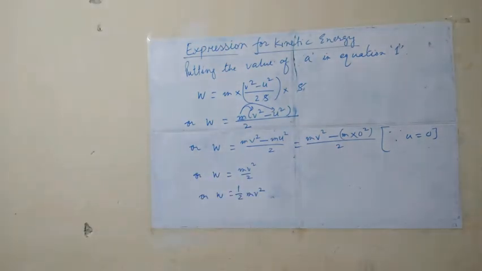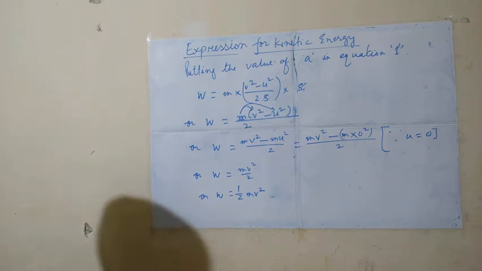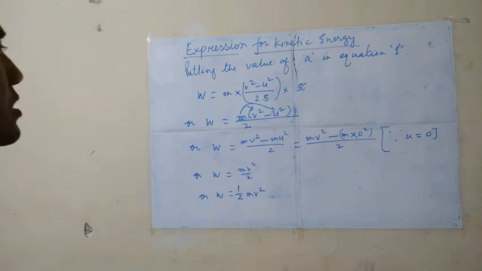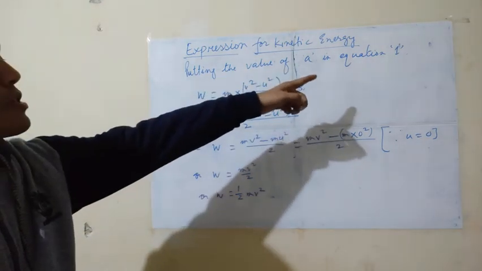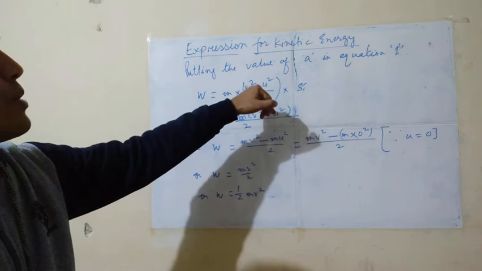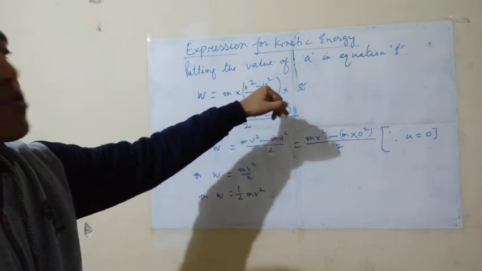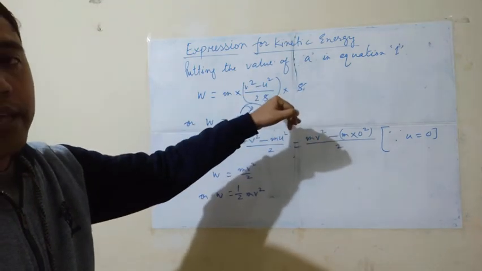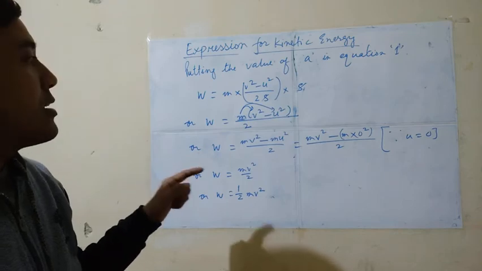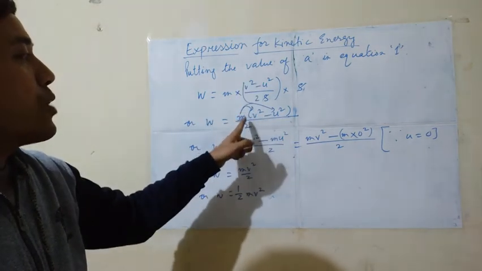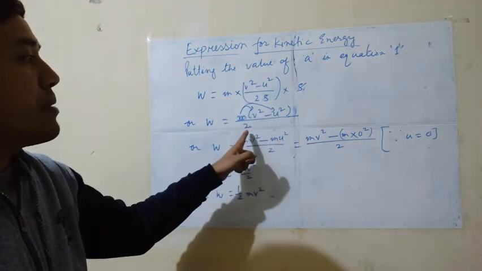Please copy down this part also. Don't get confused: putting the value of A in equation number 1, that means in place of A we wrote V square minus U square by 2S. S and S cancel, right? Then it becomes MV square minus MU square divided by 2.